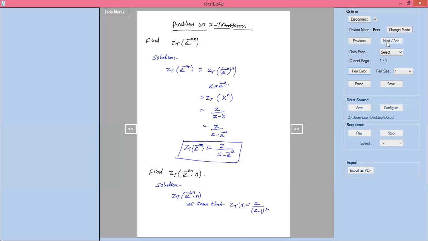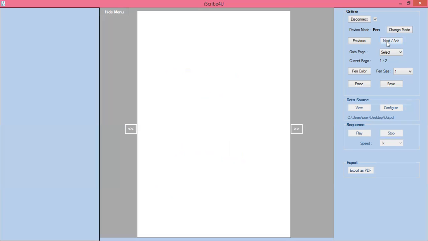I'll write like this. Z transform of e^(-an) into n, which I'll write as (e^(-a))^n into n, is the Z transform of k^n into n, where k = e^(-a).